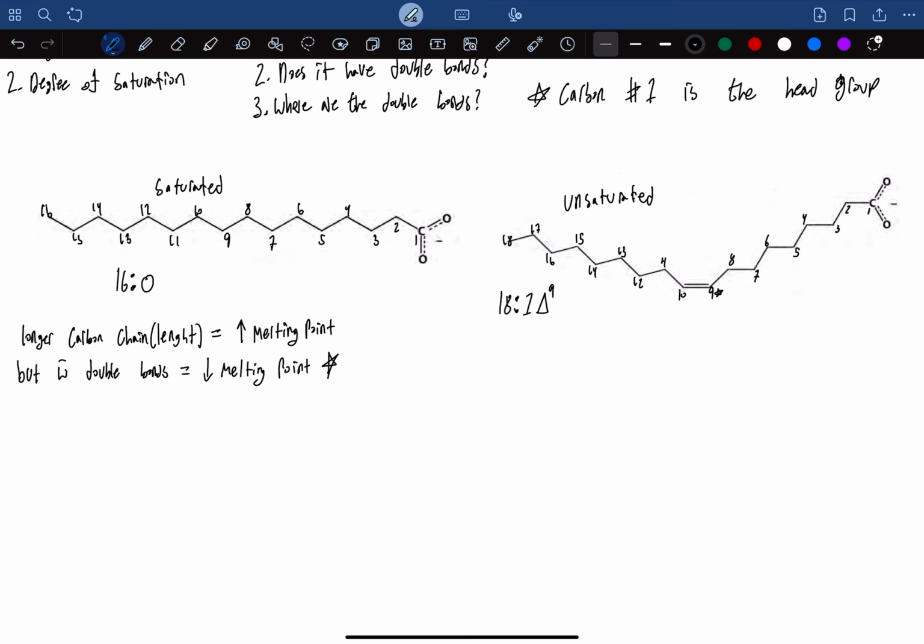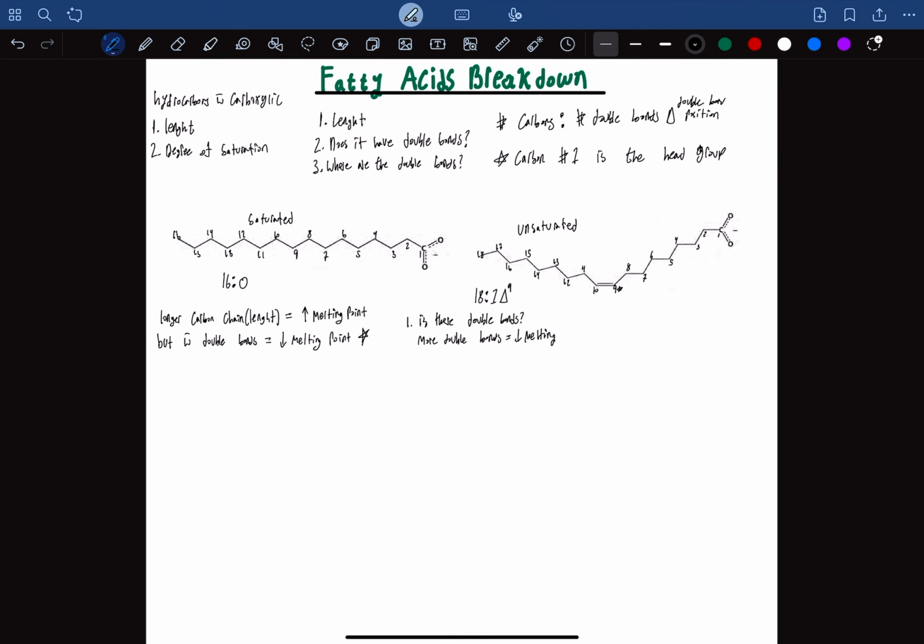That one's going to have a higher melting point. So it gets kind of confusing, but the first question you always ask when looking at melting point is, are there double bonds? And the more double bonds, the lower the melting point. Because if you think about it, when fatty acids come together, if they're not coming together straight on, then there's less force keeping them together.